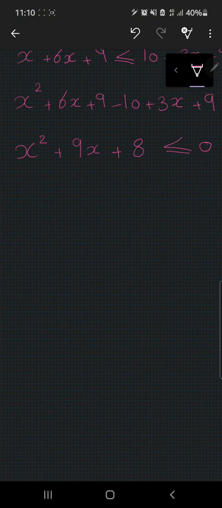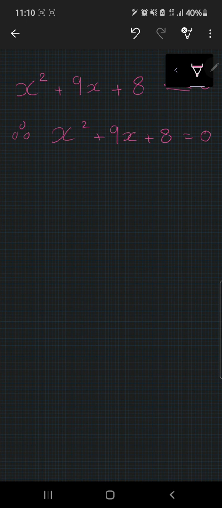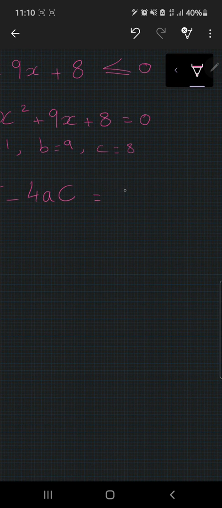Okay, put f of x equals 0. Therefore, x power 2 plus 9x plus 8 equals 0. Get the discriminant to know whether it is less than, greater than, or equal to 0. So determine a equals 1, b equals 9, c equals 8. By substitution in the discriminant, b power 2 minus 4ac equals 9 power 2 minus 4ac.